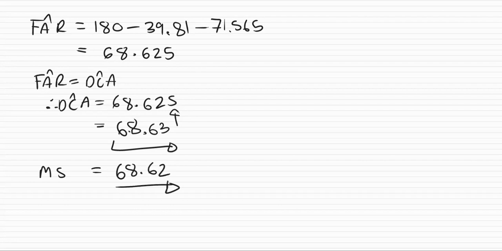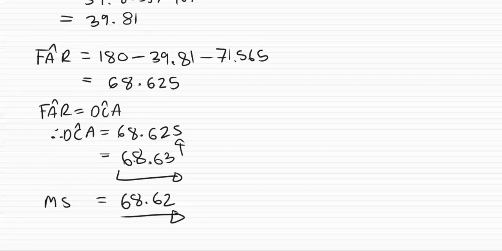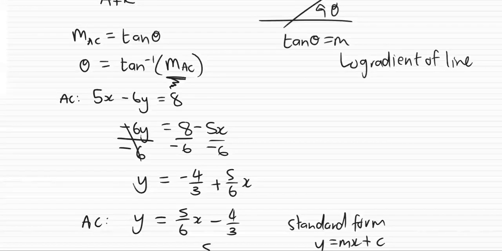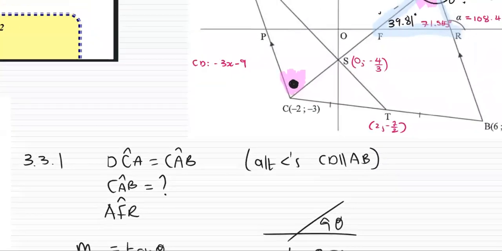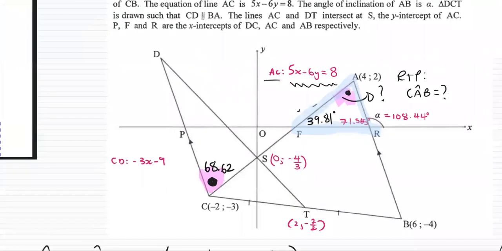So even though this is what I got, I'm going to write 68.62 so that no further questions have any problems, to keep accuracy with the mark scheme. I'm sure that if I had done the decimal points differently, this one would have also been correct. Right, so now we have 68.62, and we can fill in this one as well.